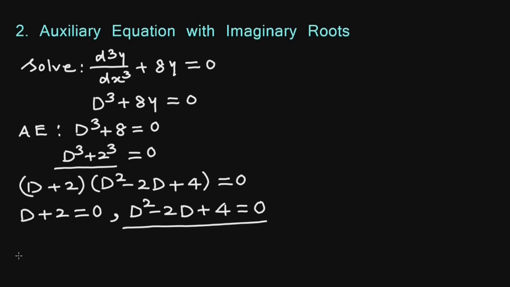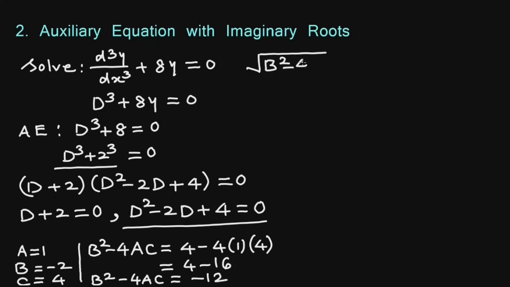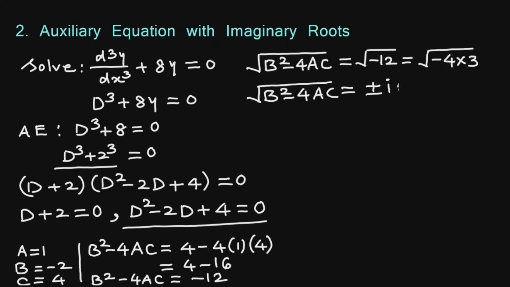For that, a is 1, b is minus 2, constant term c is 4. b square minus 4ac will be (minus 2) square minus 4 into 1 into 4, which is 4 minus 16, minus 12. Square root of b square minus 4ac, square root of minus 12, square root of minus 4 into 3, which is plus minus i 2 root 3.